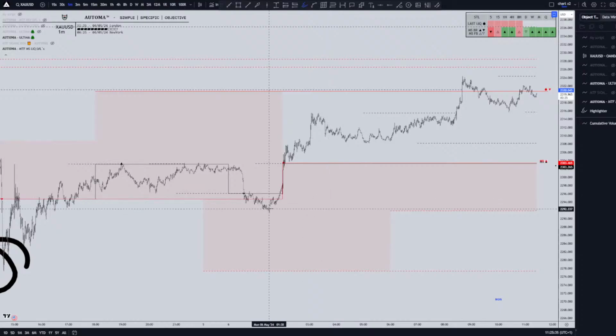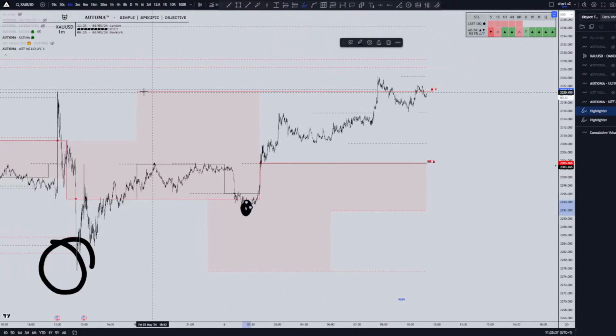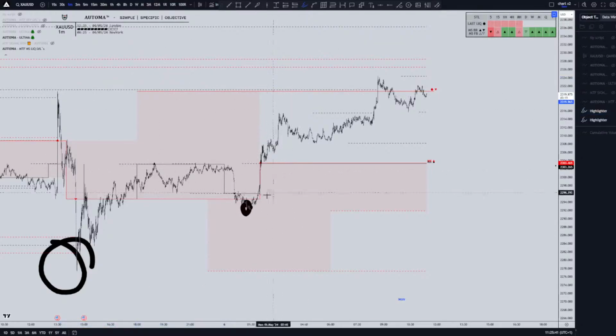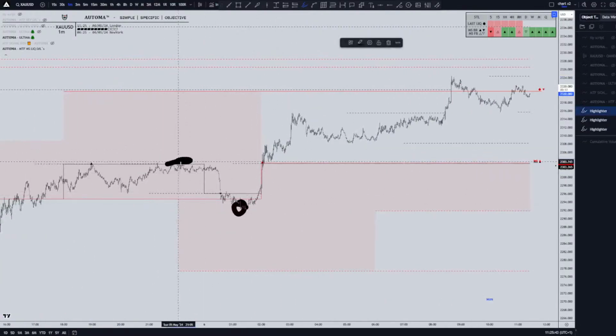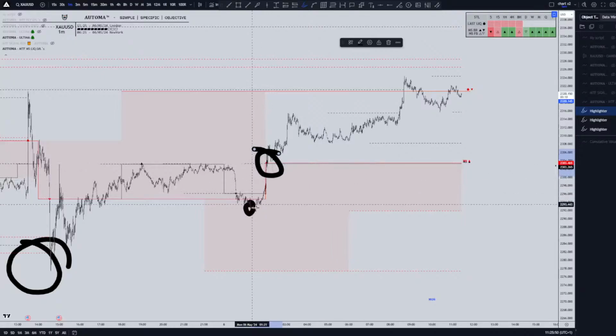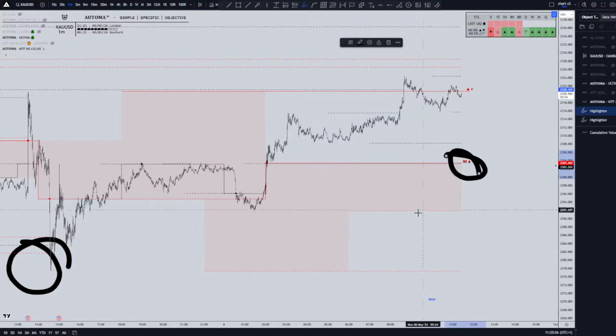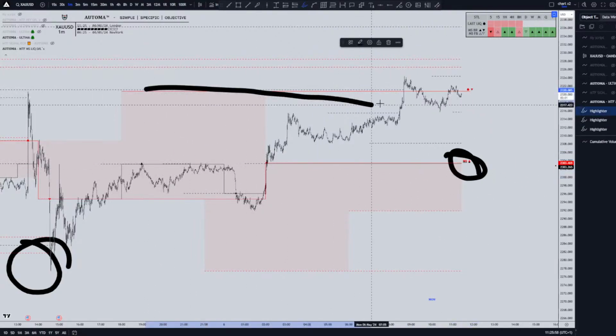Where's the first liquidity? At this point, the first 4-hour liquidity is here, as you can see this line, while it confirms this structural point from here, this is new liquidity. So as soon as the new liquidity level is broken, that's what? Bullish market structure break. If we have a bullish market structure break, what's the market structure target? Liquidity right there.